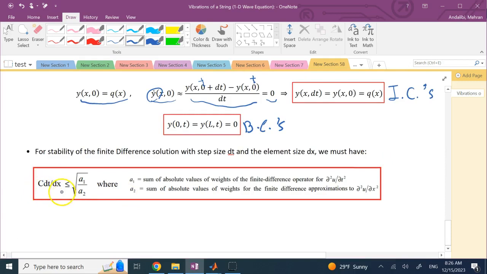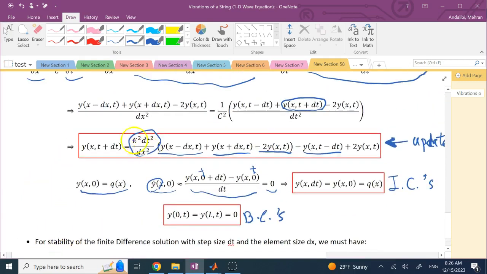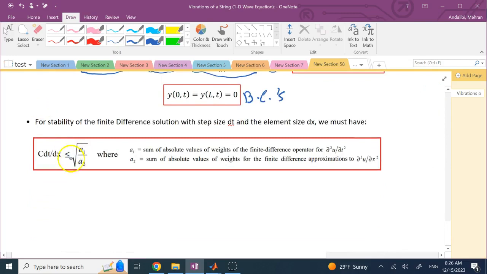C dt over dx, which is the square root of this update parameter, it has to be less than or equal to square root a1 over a2. What is a1? What is a2? They are the sum of absolute weights of the finite difference operator you used for the second time derivative, and the one you use for the second x derivative.